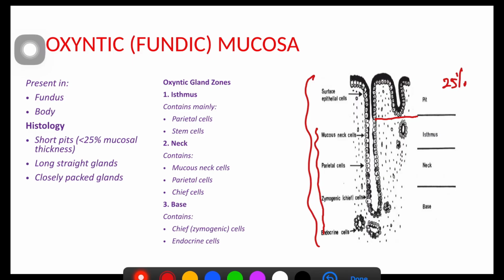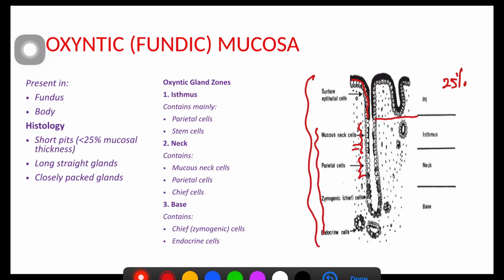And here closely packed glands are there. So here you can see surface epithelium, then mucous neck cells, these are parietal cells, and some stem cells are also present here.